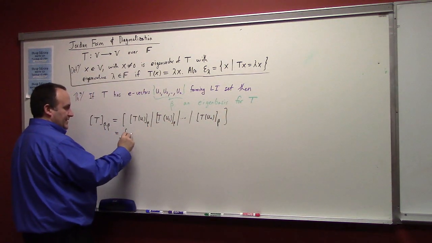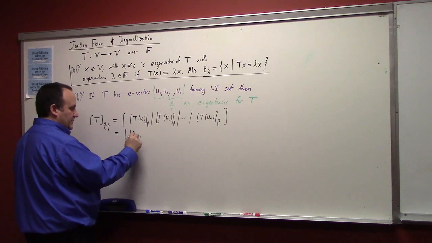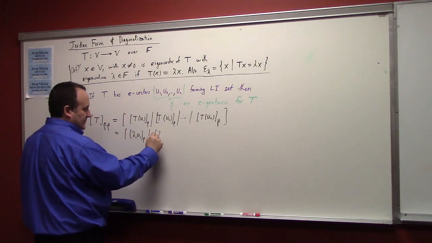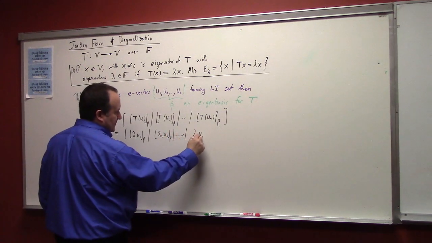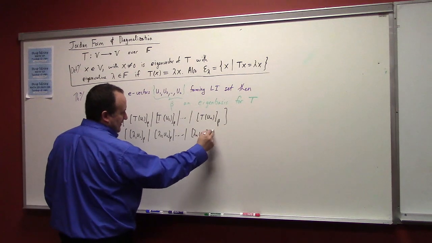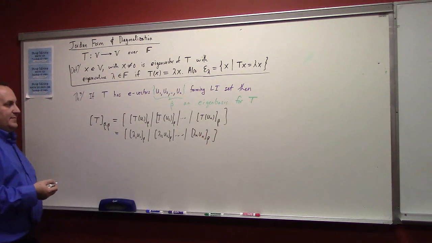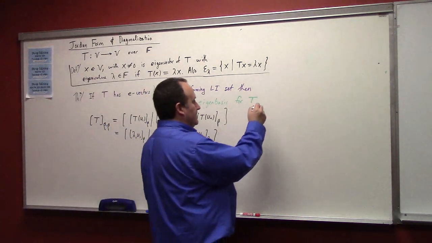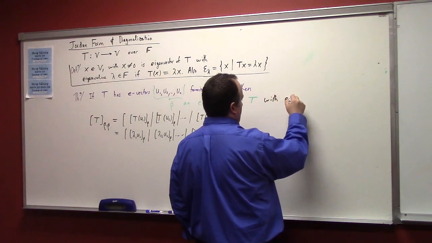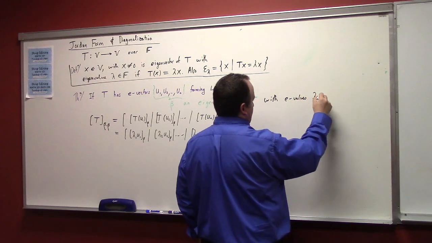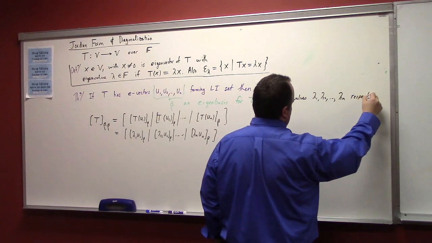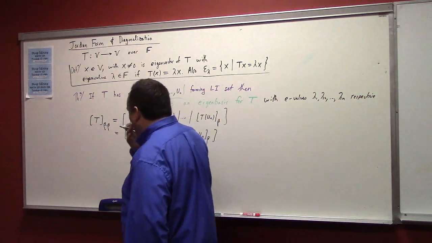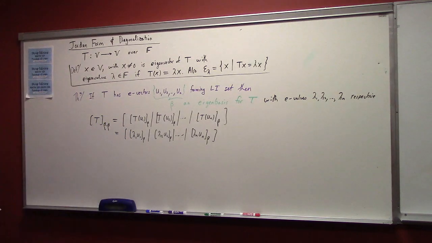Well, that's lambda 1 times u1, lambda 2 times u2, lambda n times un. I didn't say it before I wrote it just now, but let it be understood that it's an eigenbasis for T with eigenvalues lambda 1, lambda 2, up to lambda n respectively. And again, these are all scalars in the field.